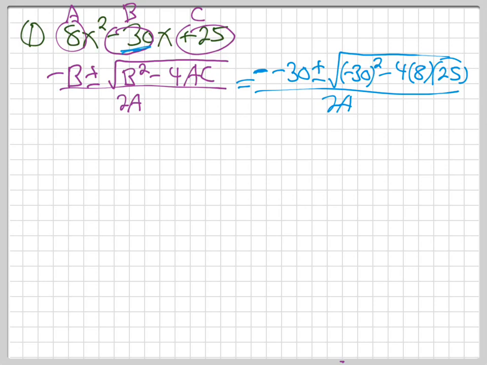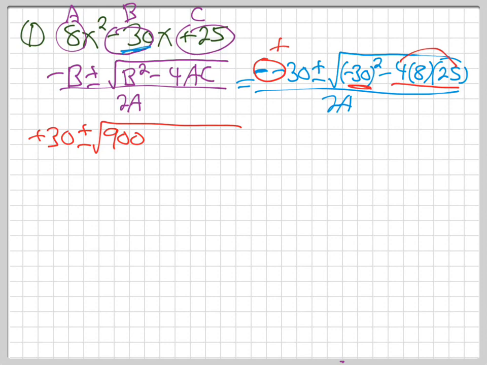So here we have two negatives, makes it positive. So bring it down here, positive 30 plus or minus square root of 30 squared, 900 on your calculator, minus 4 times 8 times 25. 4 times 25 is 100. 4 quarters is $1, right? 100 times 8, 800. All over, oh, 2a. I forgot to put in the a there, huh?